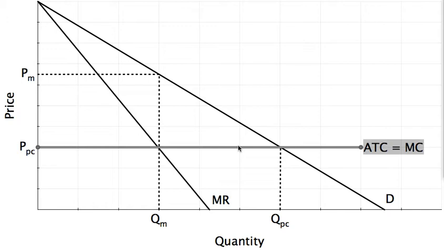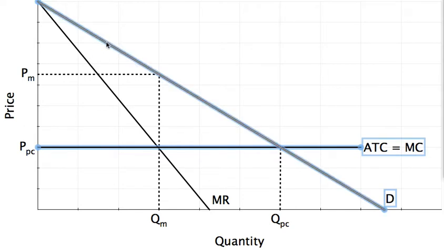So for example, if I were to illustrate what the consumer surplus is in this marketplace, I would just look to the price and demand: the area above price but below the demand curve. So this triangle between the price and the demand curve gives us the area of consumer surplus.